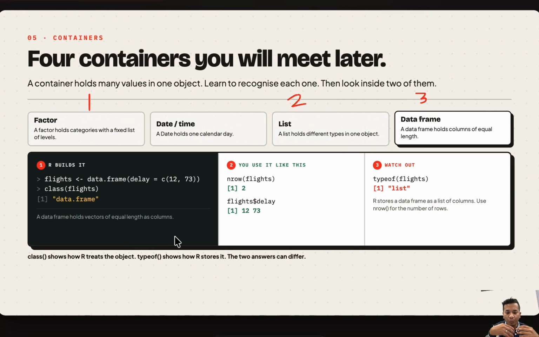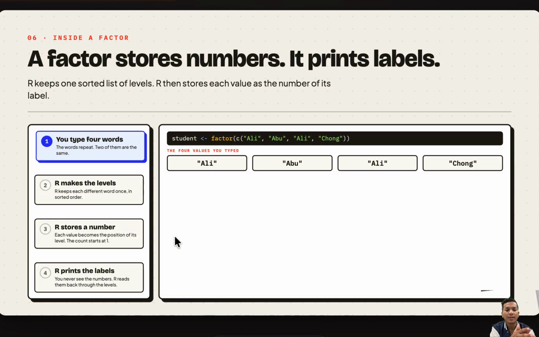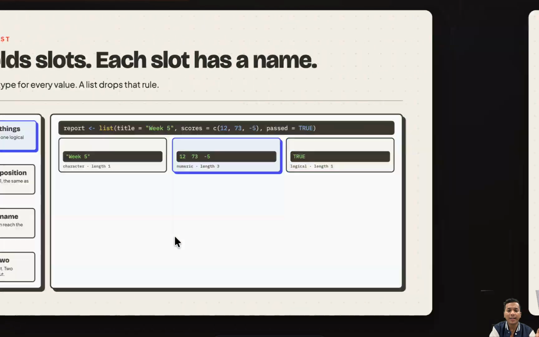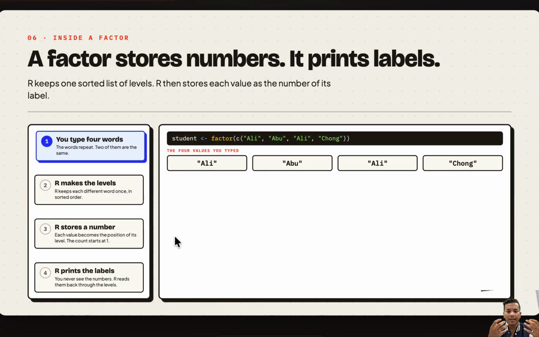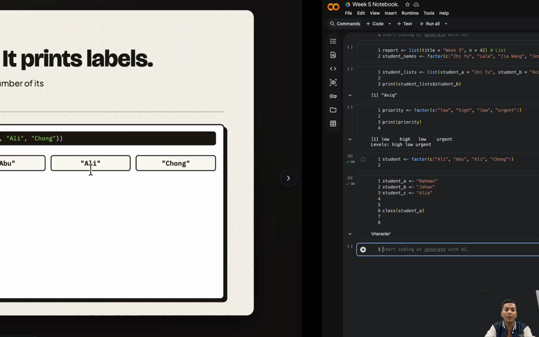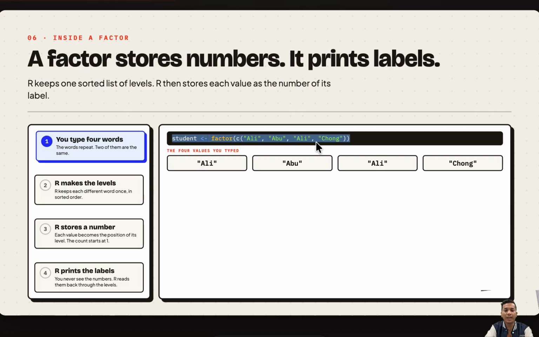Moving on, we want to discuss factor, list, and data frame. The similarity of these three is that they can hold many values by using only one variable. One example is this one.